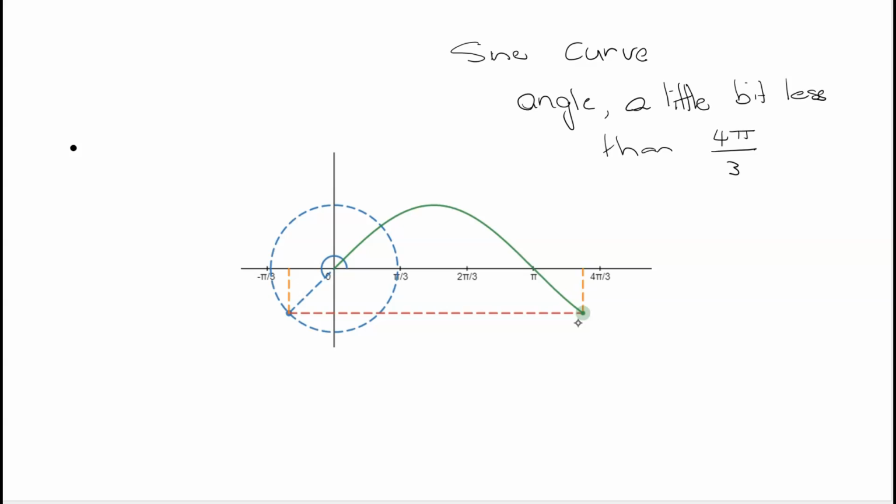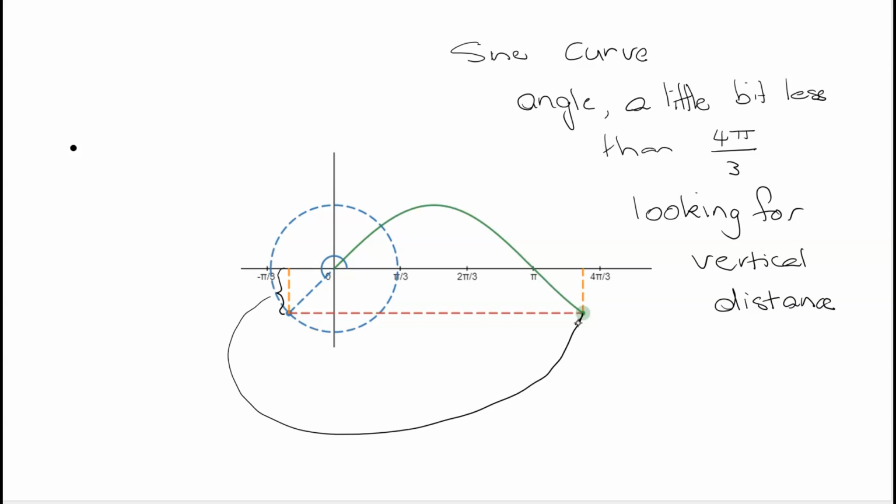Doesn't matter exactly what it is, but if we go round at that side, then we've got a length. So we're looking for the vertical length, or the vertical distance. Because it's the y measure, then this length here is the same as that length there.